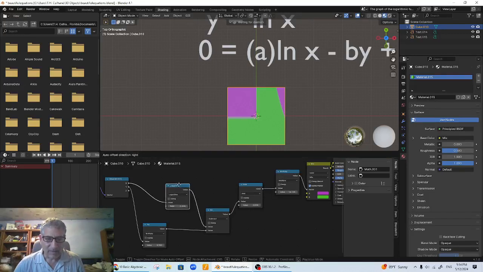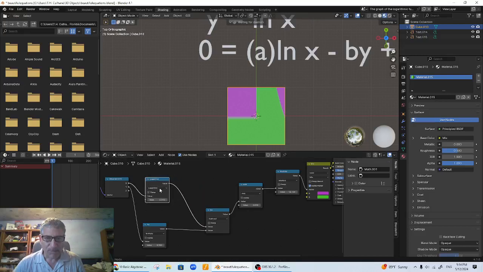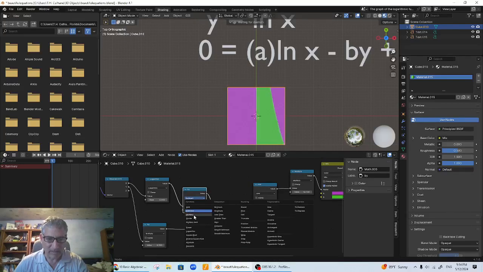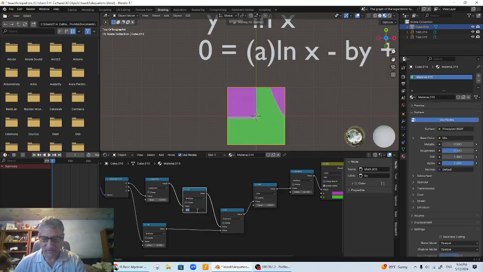So we want to add also a, make this a multiply, and then make this 1, and this is ax. So what did we get here?